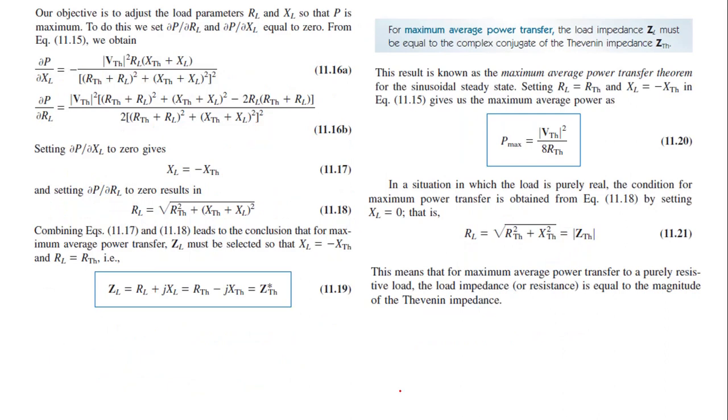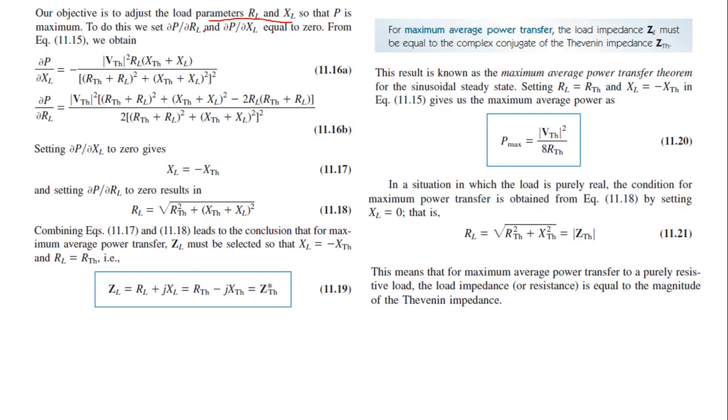Our objective is to find the condition for maximum power transfer from source to load. So we are going to adjust the load parameters RL and XL so that the power obtained is maximum, so that we get a P max.